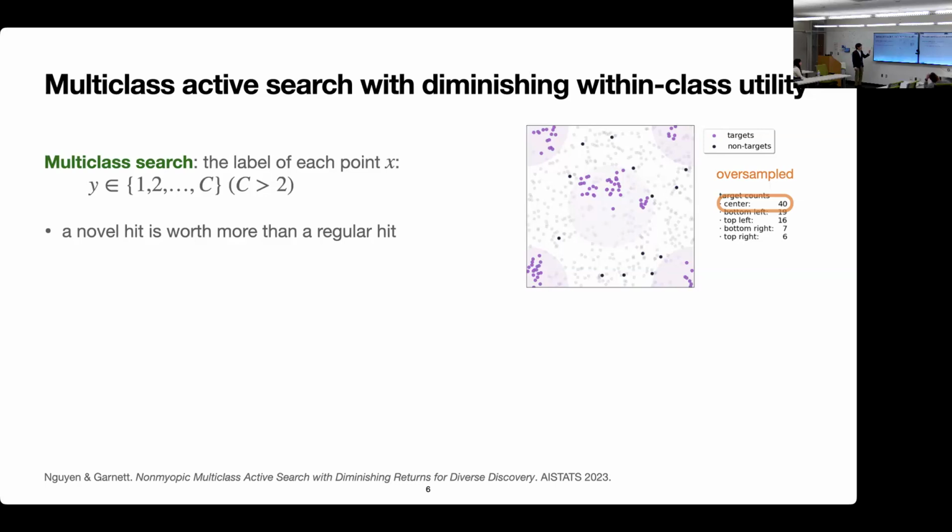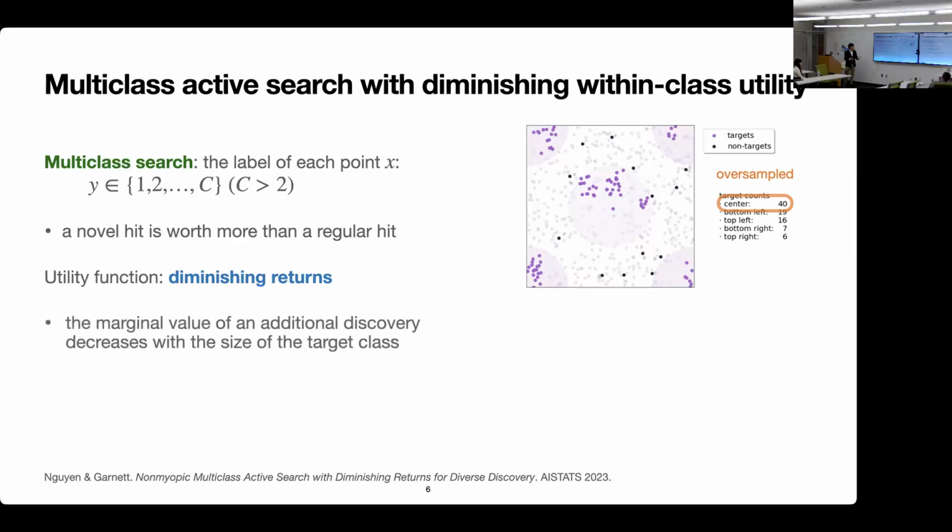Okay, but imagine in the multi-class case where you're working with multiple classes of good data points, of targets, then you might say that, oh, not all discoveries are created equal, right? Some discoveries are more interesting than others. In fact, a novel hit in an unexplored region might be worth more than making yet another discovery in a known region. So this motivates a utility function that has diminishing returns in making additional discoveries, where the marginal value of making another discovery should decrease with the size of the target class that you have discovered so far.